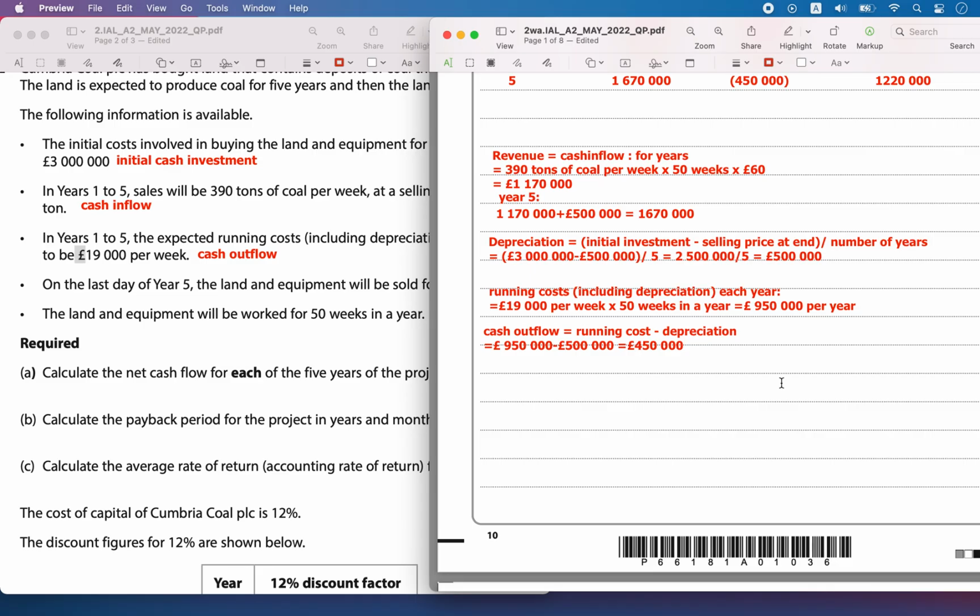Now the next one is the total running cost. Total running cost each year you will calculate.